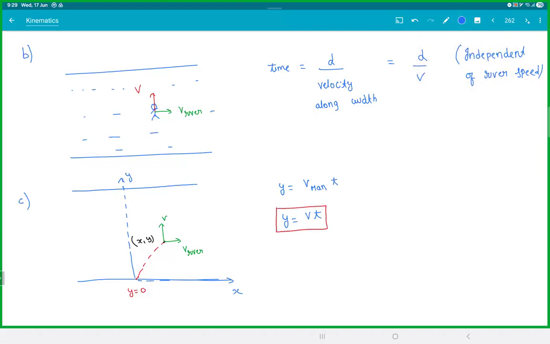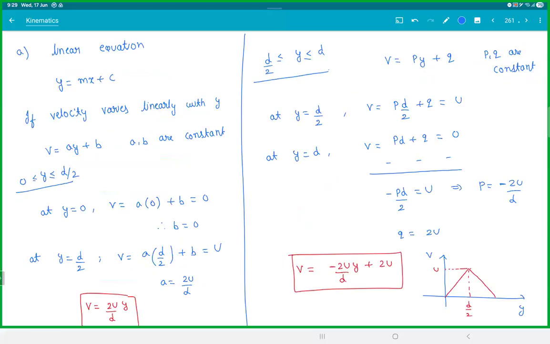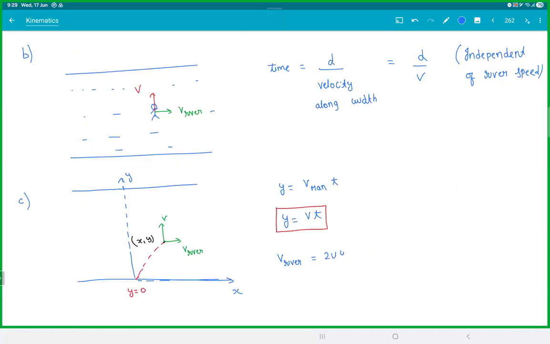Great. The next thing, what is the velocity of the river? The velocity of the river, we are doing only from 0 to d by 2, is how much? We calculated 2u y by d. Now, one mistake people make here, they write this as dy by dt and try to solve. Be careful. The river is flowing in which direction? The x direction. So this should be dx by dt, which is 2u y by d. Are you clear with that? The river is in the x direction. How can you write dy by dt, right? So this is dx by dt. But what is y? y is vt.